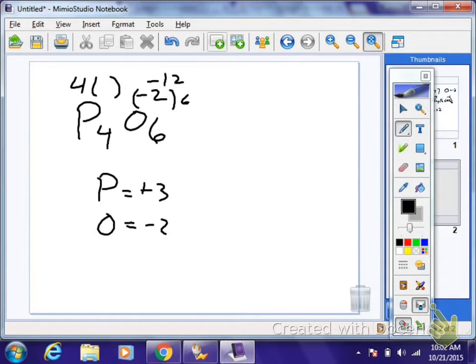It can be a +3 or +5. So we start looking at these nonmetals and all these numbers we haven't looked at, like chlorine. Chlorine can be a -1, but it can also be a 1, 3, 5, or 7. So phosphorus can be a plus or -3. It can be a -3 when it's with a metal, or it can be a +3 or +5 when it's with other nonmetals.